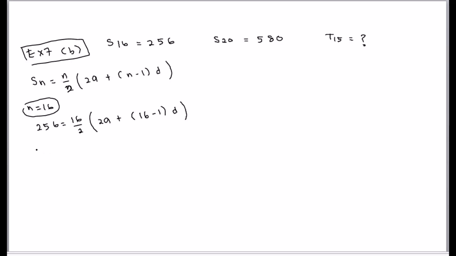Simplify. 256 equals 16 divided by 2 is 8, times 2a plus 15d. Expand: 8 multiplied by 2, 16a, plus 8 multiplied by 15, we get 120d.